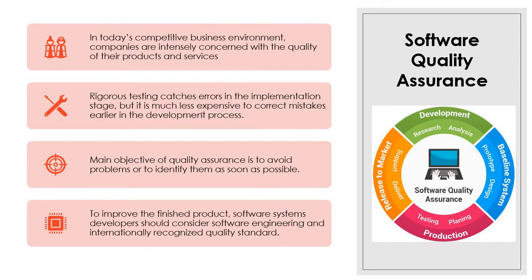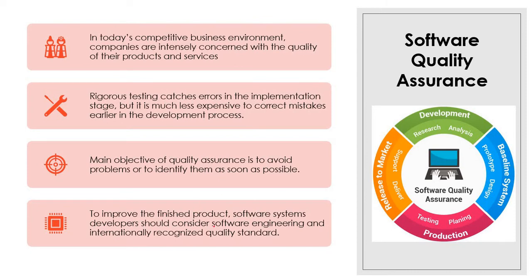However, it would be much less expensive to correct mistakes earlier in the development process. The main objective of quality assurance is to avoid problems or to identify them as soon as possible. Poor quality can result from inaccurate requirements, design problems, coding errors, faulty documentation, and also ineffective testing.